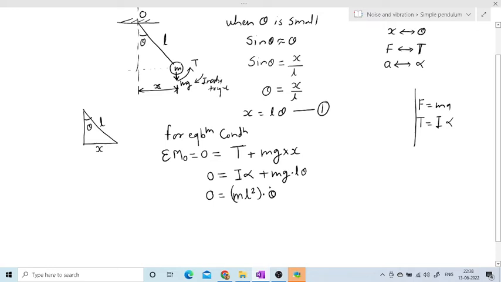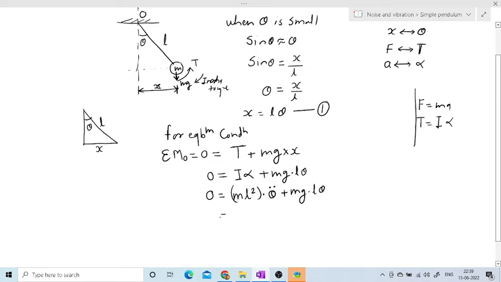Acceleration is nothing but theta double dot. In linear it is x double dot, in angular it is theta double dot, plus mg into L theta. So this is the conversion from I to mL square, and the mg L theta will remain as it is. Now in this equation, m, the mass, and L are common.